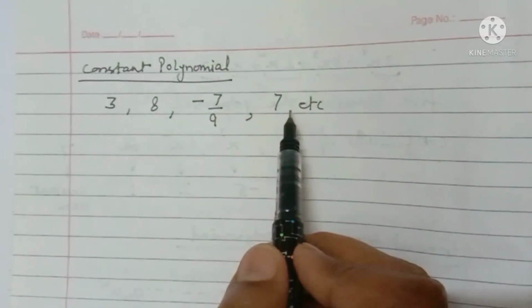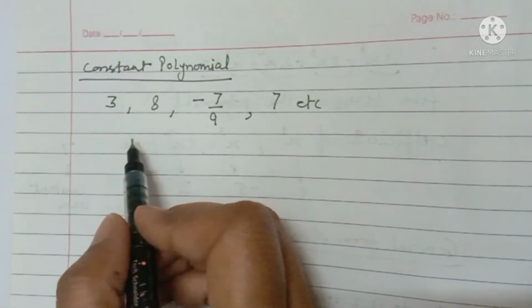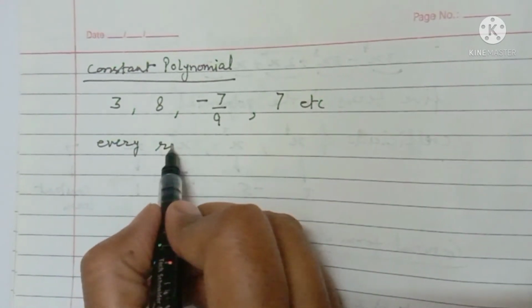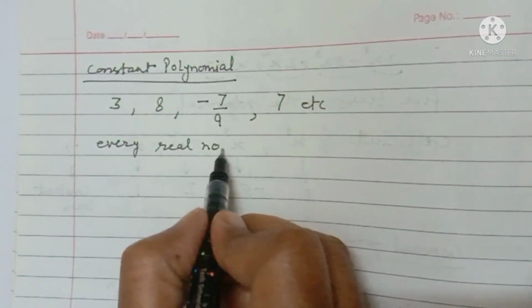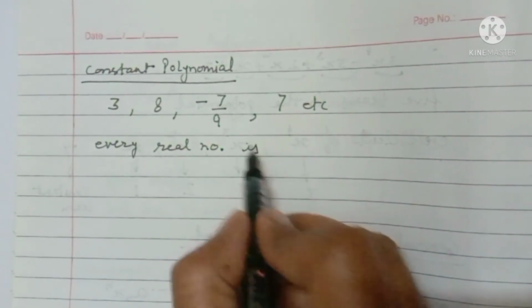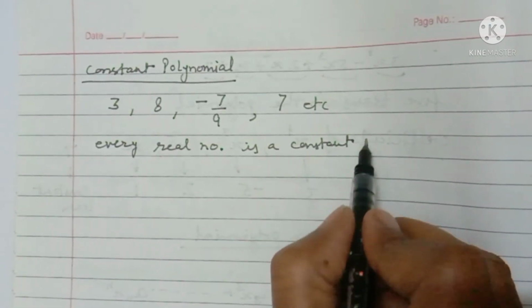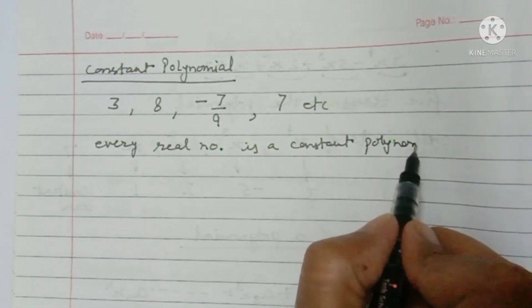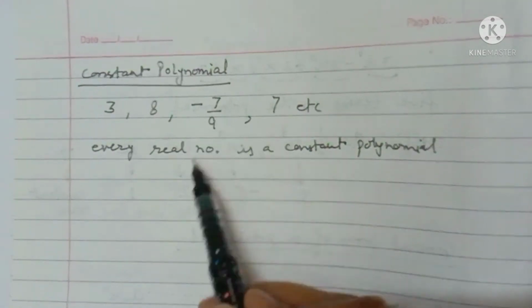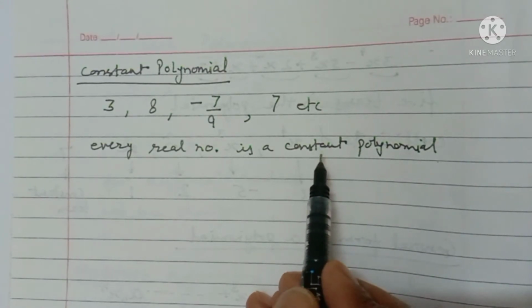And in general, every real number is a constant polynomial.